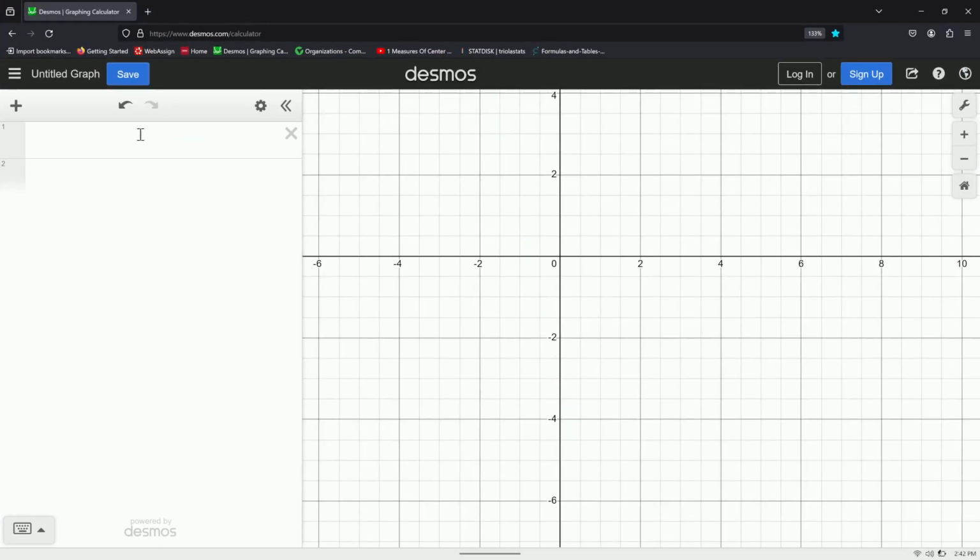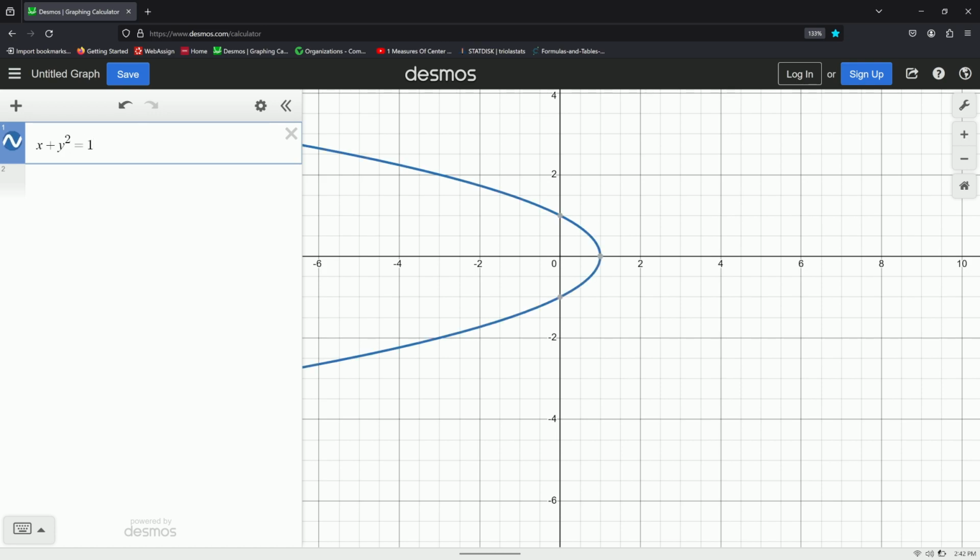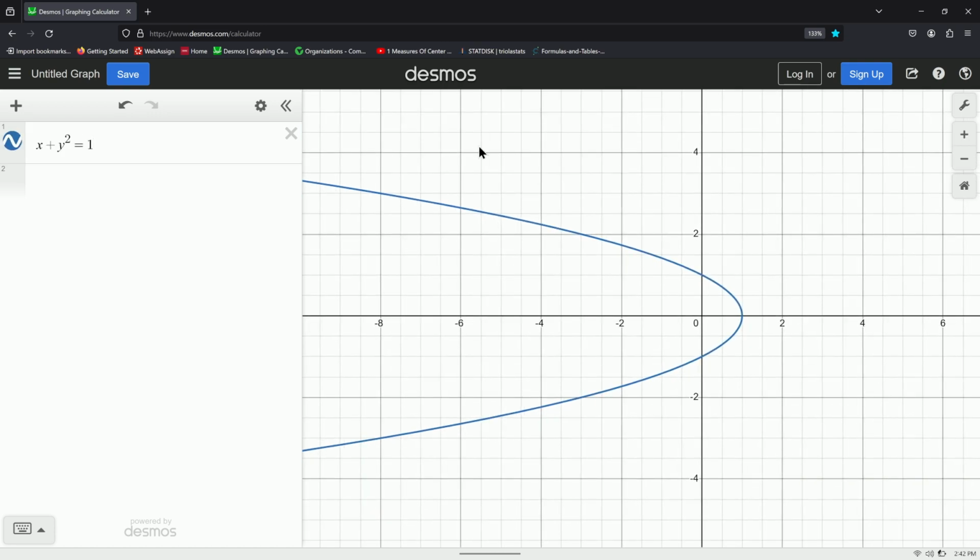And let's go ahead and type this in. All right? So I'm going to use x plus y to the second equals 1. So let me go ahead and copy and paste this into our notes.